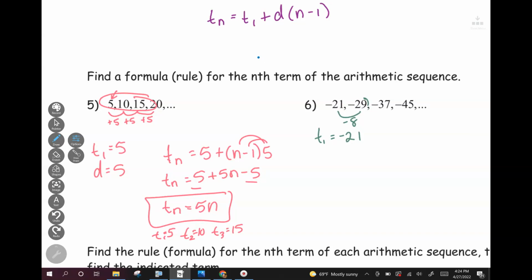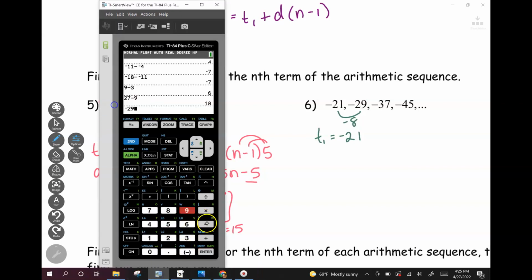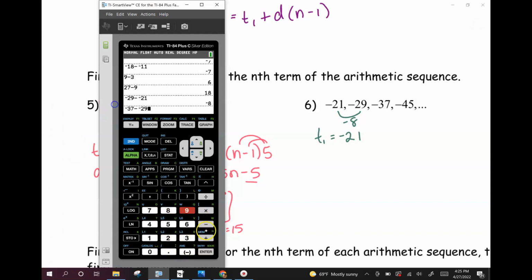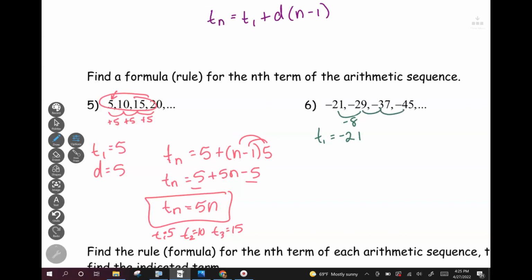So negative 29 minus negative 21. So negative 8. And then you could do the next one, negative 37 minus negative 29, also negative 8. So that's how you can see the common difference as well. Negative 8, negative 8. So d equals negative 8.